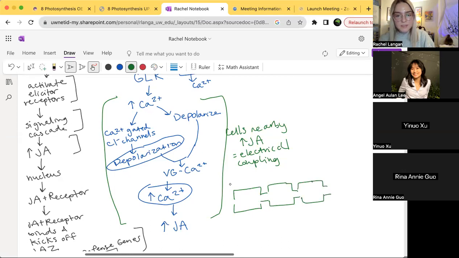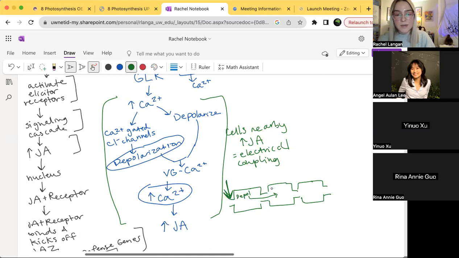So all that DAMP signal originally happens at the damage site. If we get this first cell depolarizing, that depolarization signal can be sent through plasmodesmata to nearby cells. And those cells have their own voltage gated and calcium gated channels.